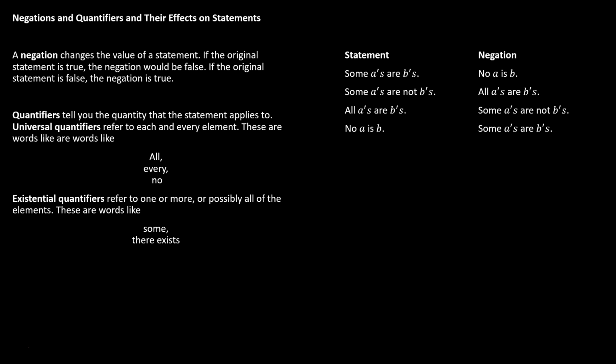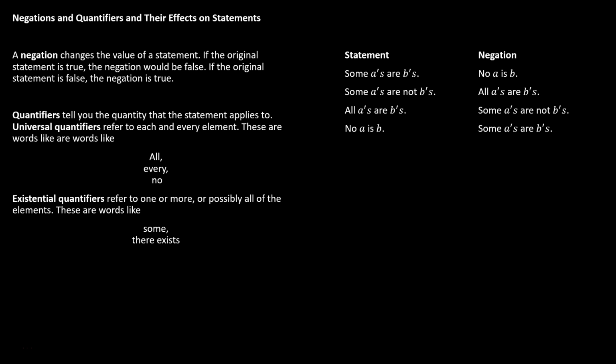So if I make a statement like, my name is Joe Fauna, then the truth value is true. The negation of that would make that statement false. So I would say something like, my name is not Joe Fauna. So negations reverse the truth value of a statement.